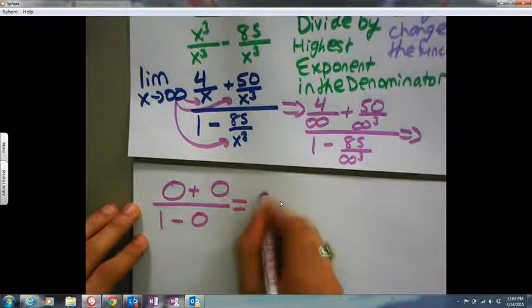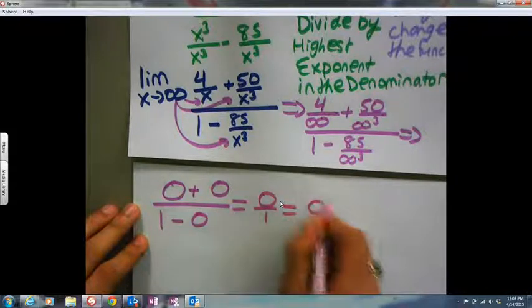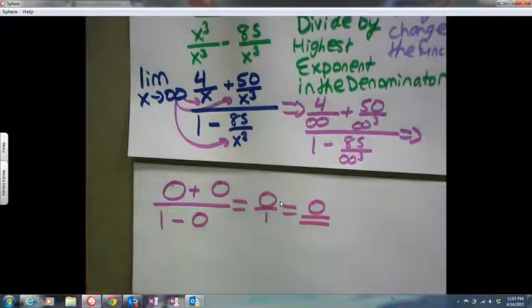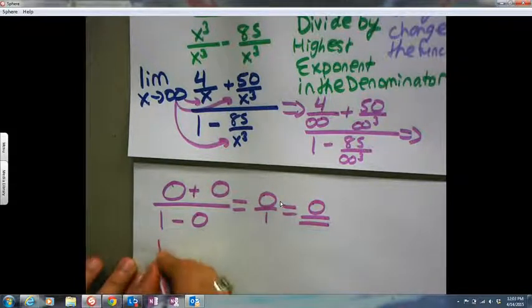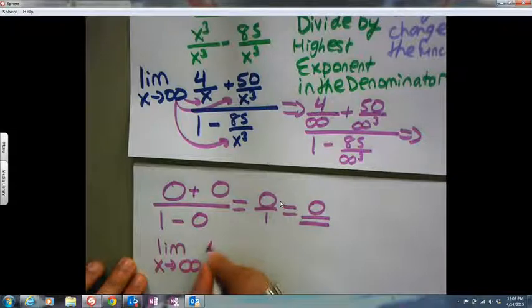So now we'll say that the limit as x approaches infinity of 4x squared plus 50 over x cubed minus 85 equals 0.